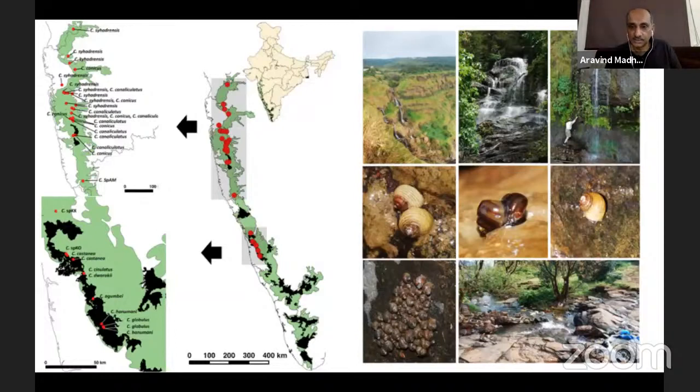You can see the habitat chart where they are found, and the cluster of shells when they undergo dormancy during the summer season. On the right side, the type locality in Mahabaleshwar: garbage is let into the waterfalls, and the type locality is completely polluted, and the species is lost from that particular region.